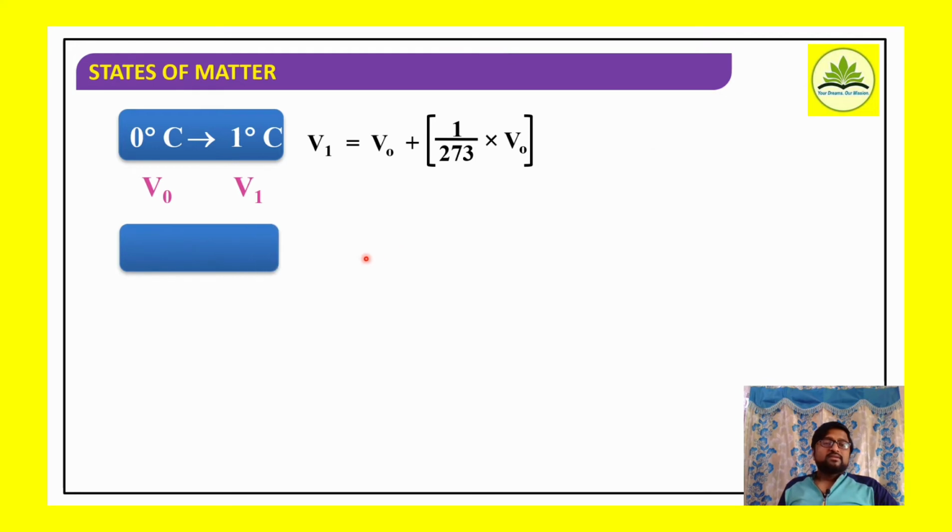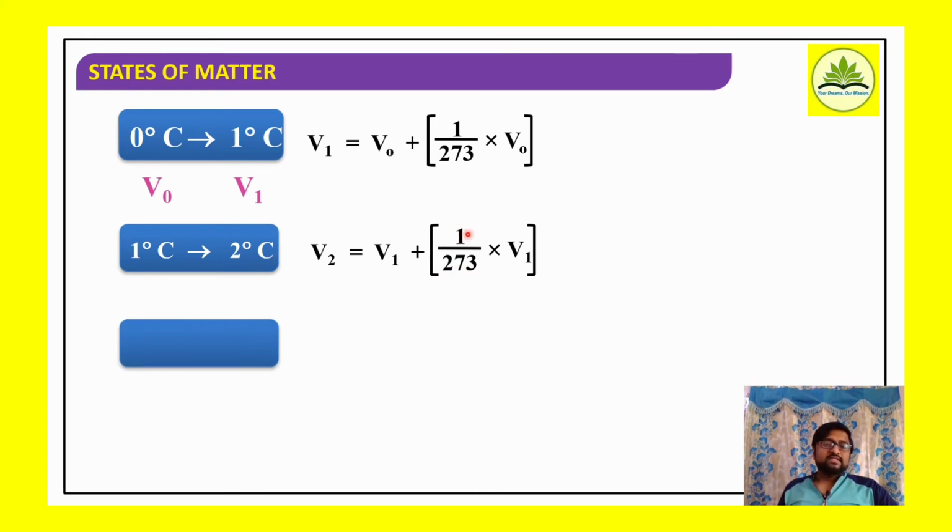Similarly, consider from 1 degree Celsius to 2 degrees Celsius. Here V2, the final volume, is equal to V1 plus 1 by 273. Then from 0 to 2 degrees Celsius, V2 is equal to V0 plus 1 by 273 into V0.